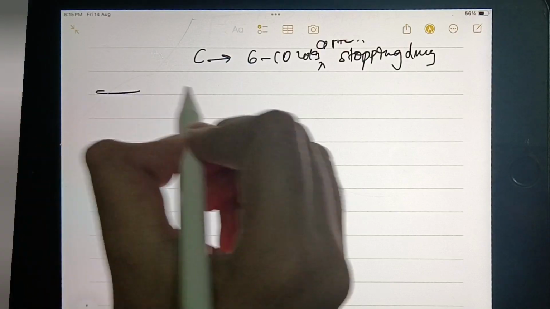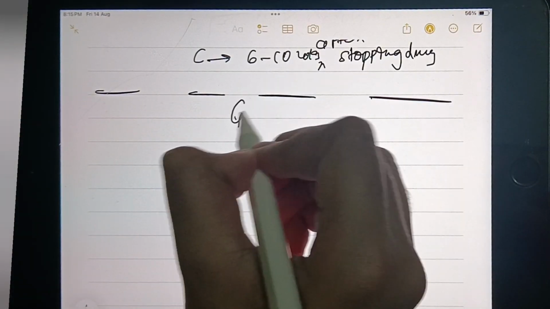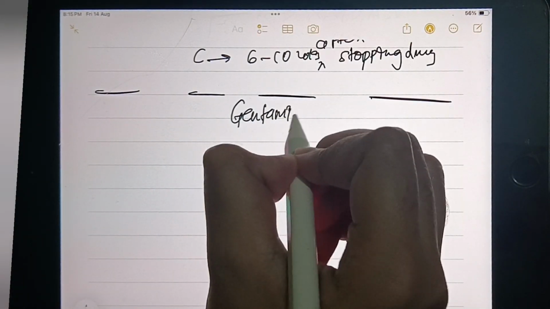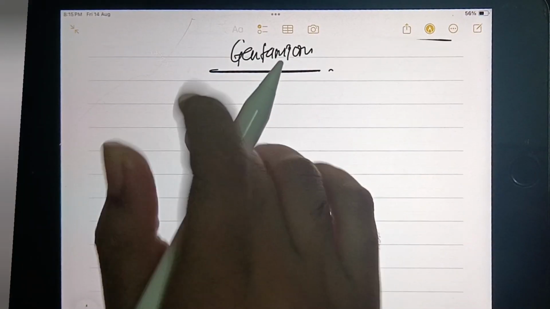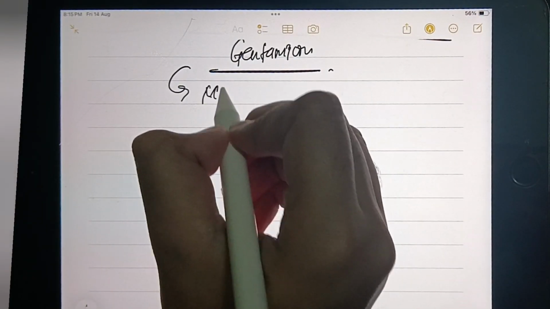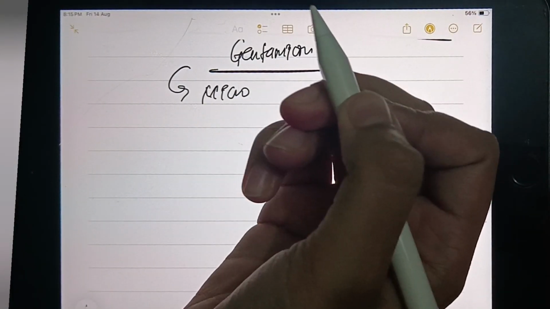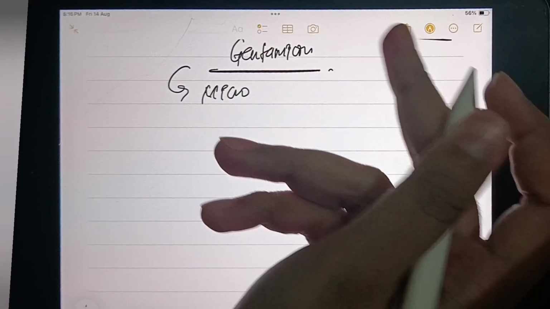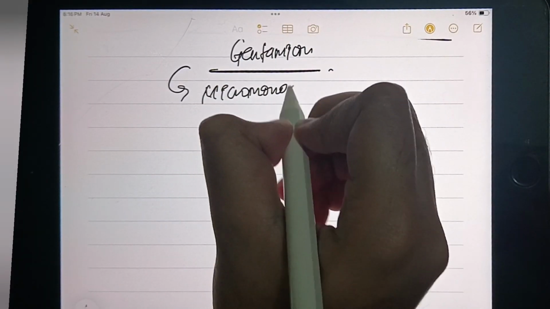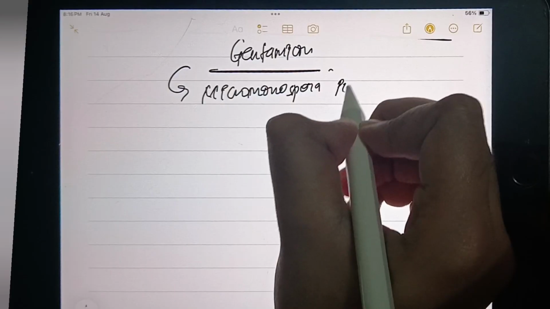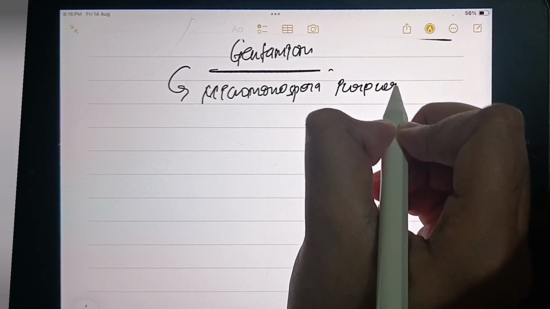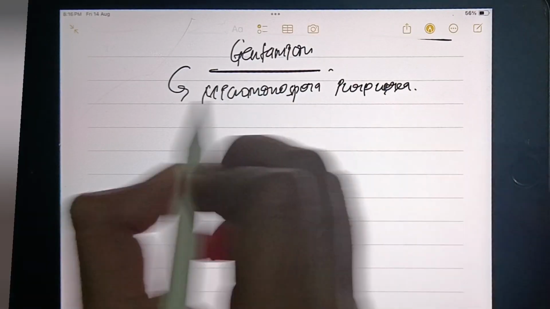So now we will move ahead with the single drugs, gentamicin. Gentamicin, as you know, is derived from Micromonospora purpurea. We have done this in the classification, Micromonospora purpurea.